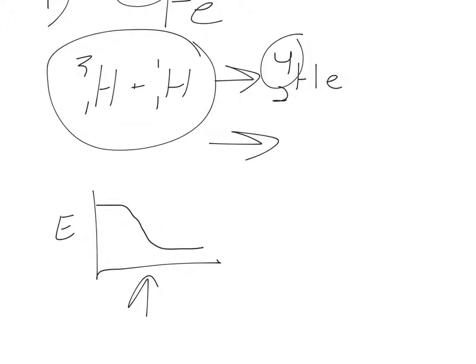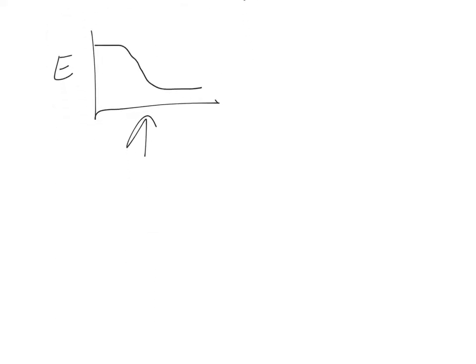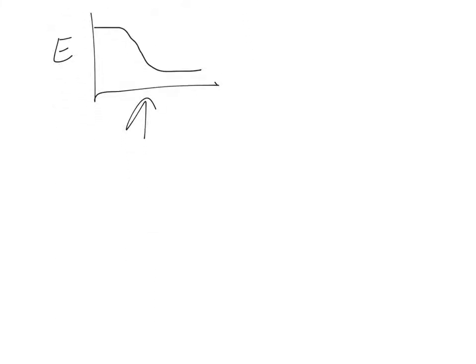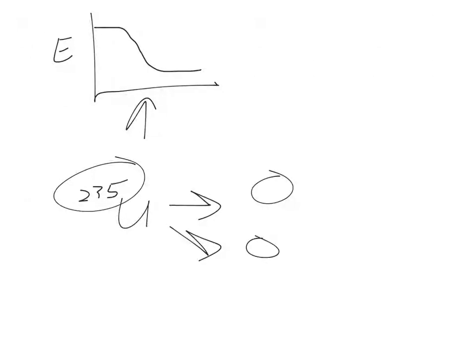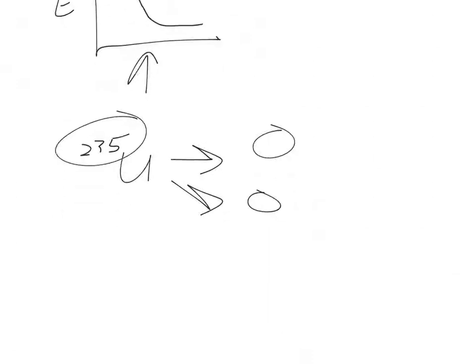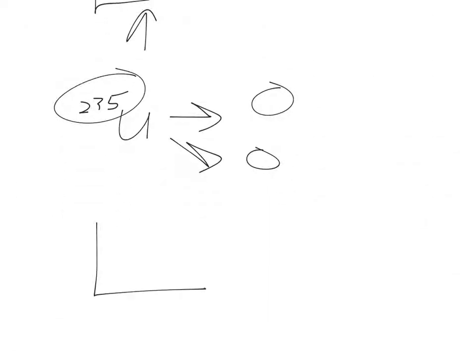Okay? Let's look at something else. Let's look at something larger, like uranium 235, bigger than 56. When he splits, and forms two smaller nuclei, okay, he does this. His energy starts high and goes low also.